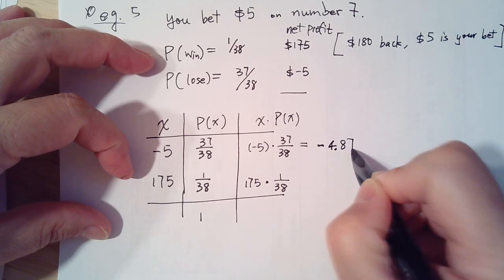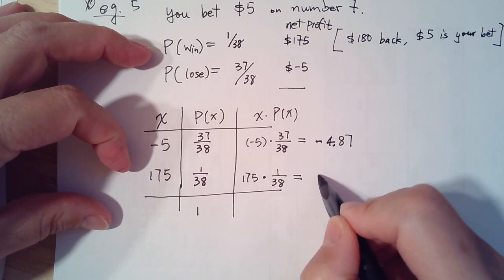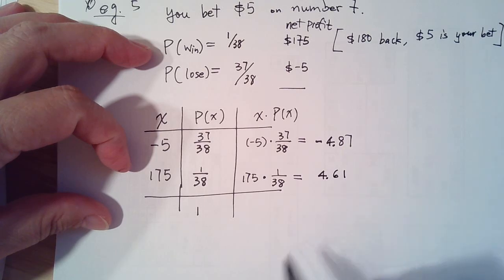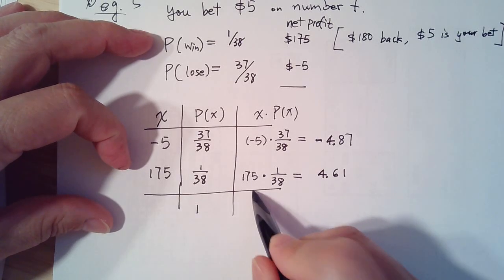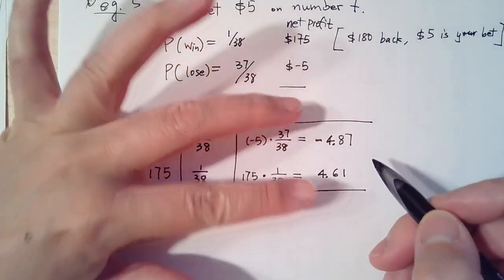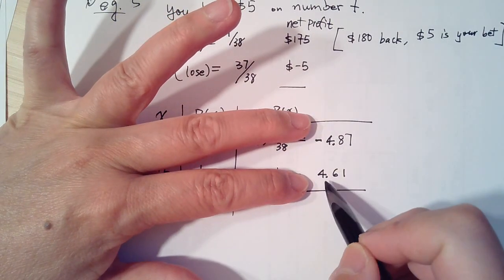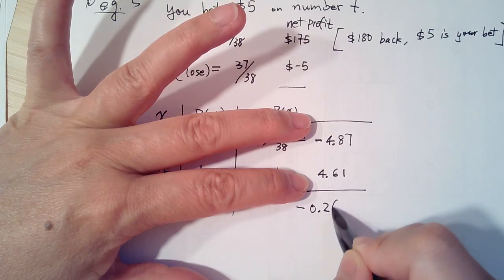And this one is a positive 4.61. Once you figure that out, you add them up. Negative 4.87 plus 4.61, the answer is negative 0.26. That's your mean.